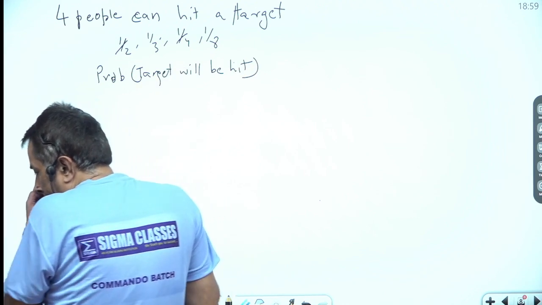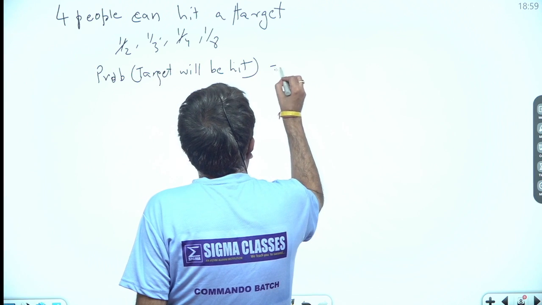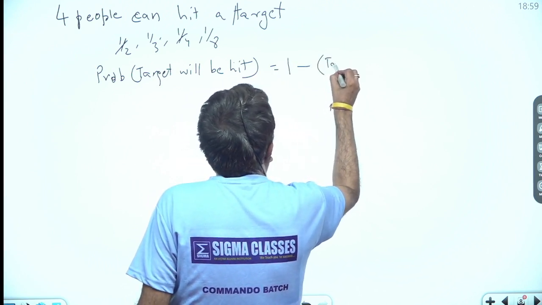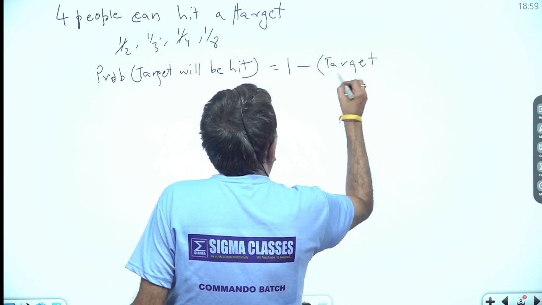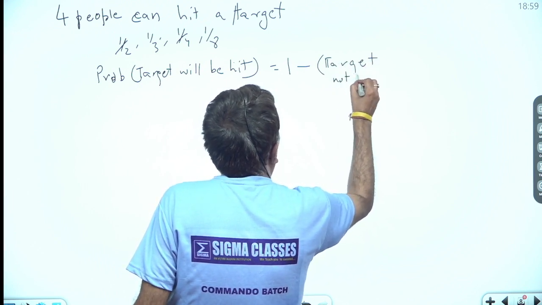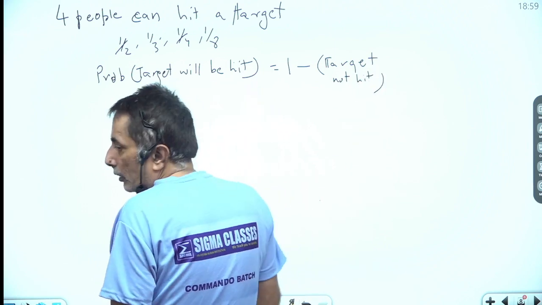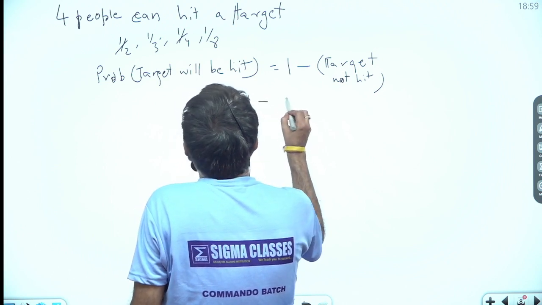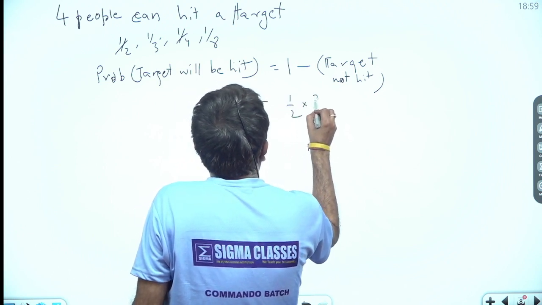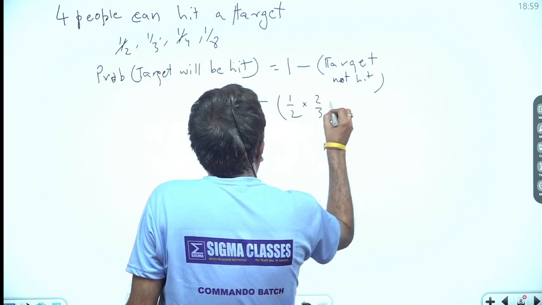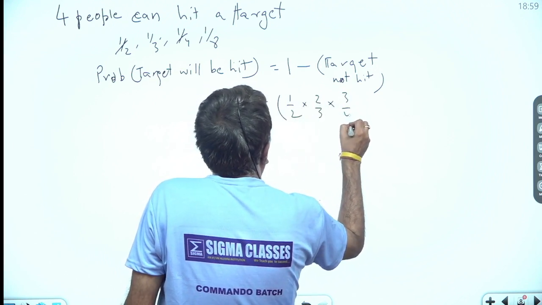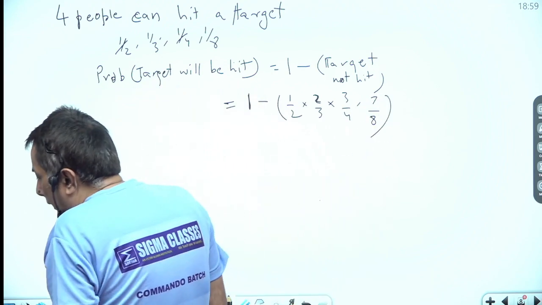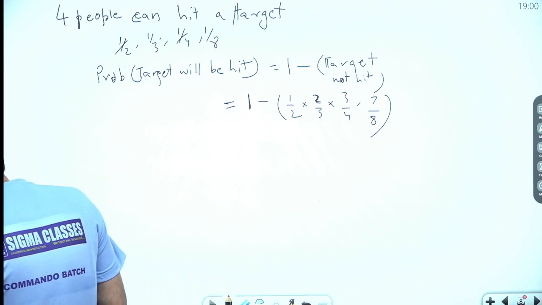Now this is again the similar concept. The target hit is 1 minus target not hit. So immediately get the half, 2 by 3, 3 by 4 and 7 by 8, and you will clearly get the answer this way.